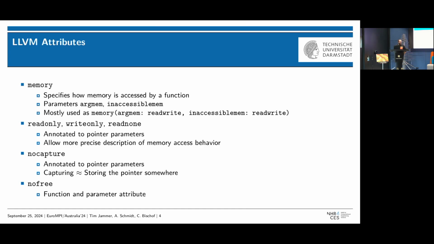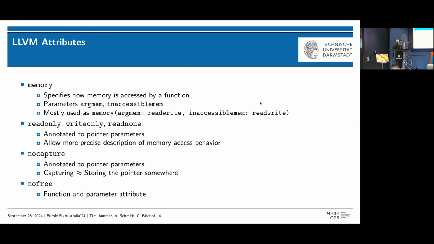So what are the relevant attributes? One is the memory attribute. It specifies how the function reads or writes memory. Mostly we are seeing this memory attribute. It tells us that memory is used through the arguments, and the function can read and write memory that is given via its pointer arguments, or it can read and write inaccessible memory. In the case of MPI, this means memory that is managed by the MPI implementation.